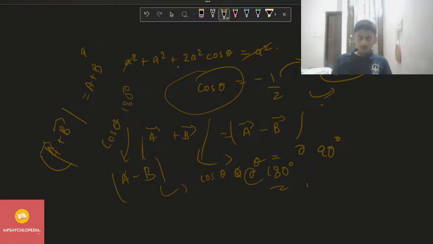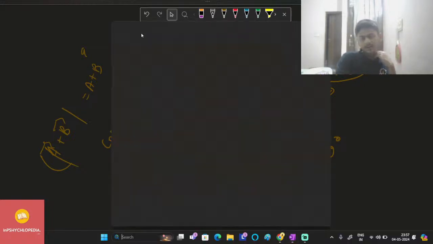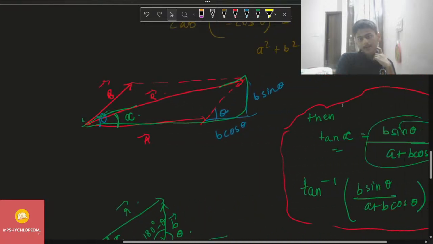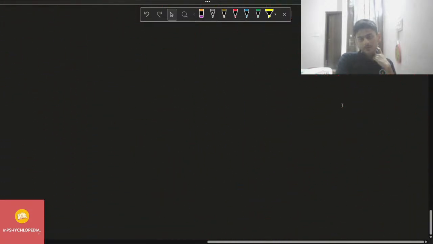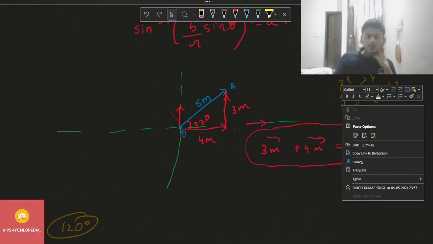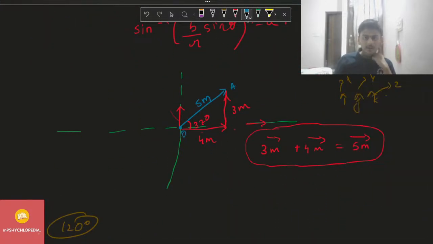So let us talk about the components of a vector. In this example, the 5 meter can be written in the form of 3 meter and 4 meter, right?